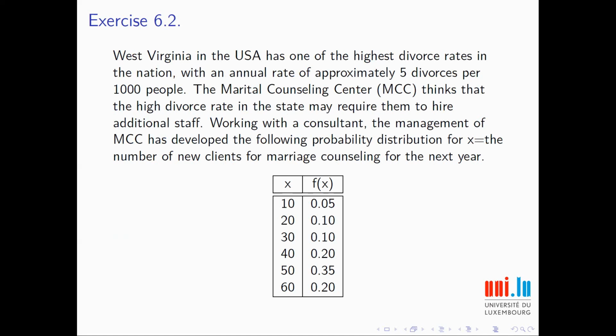This is the exercise about a marital counseling center in the US, and they are looking for the probabilities of new clients for the next year. The random variable, which is the number of new clients for marriage counseling for the next year, is given in the first column, and the probabilities of coming with new clients are given in the second column.